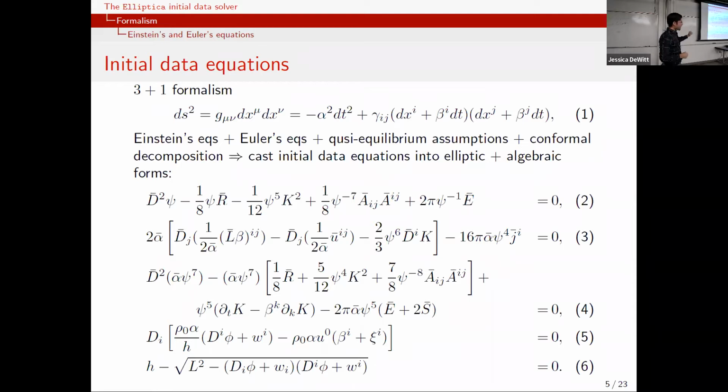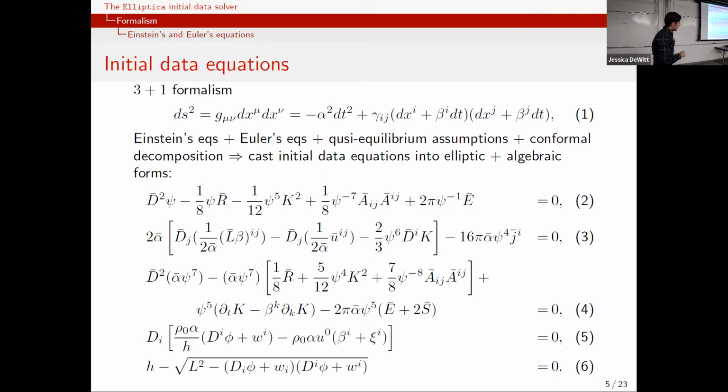I mention them here. The thing I want to turn your attention to is the nature of these equations. If you look at equations 2, 3, and 4, they all have a Laplace operator, unlike the last one, which is just an algebraic equation.